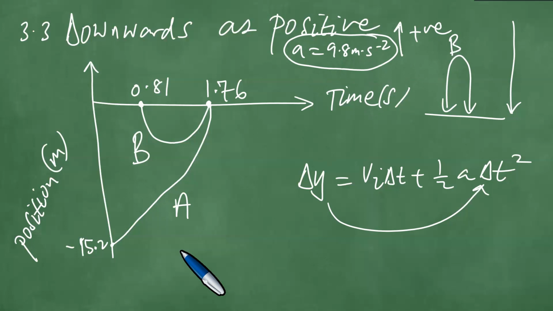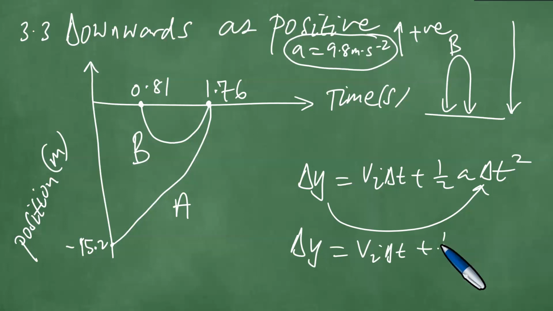And when that happens, for the position versus time graph, let's analyze what happens here. So you'd have vi delta t plus 1/2 times 9.8 delta t squared.